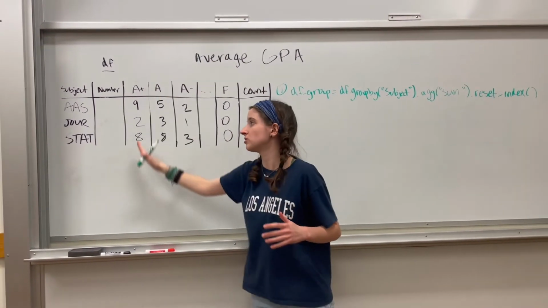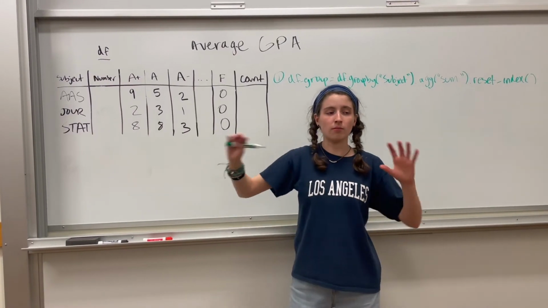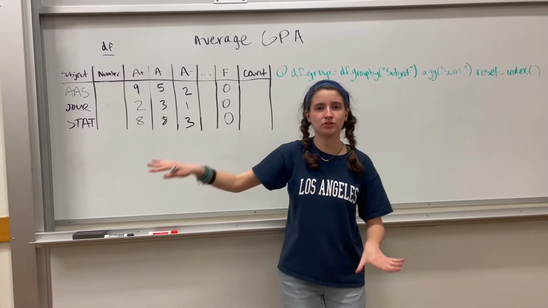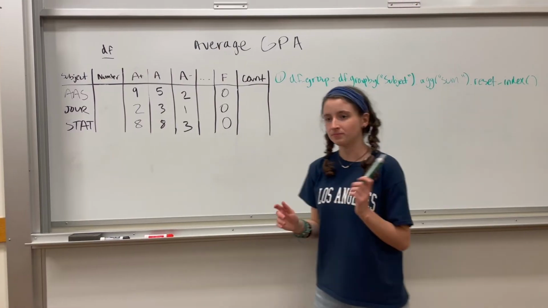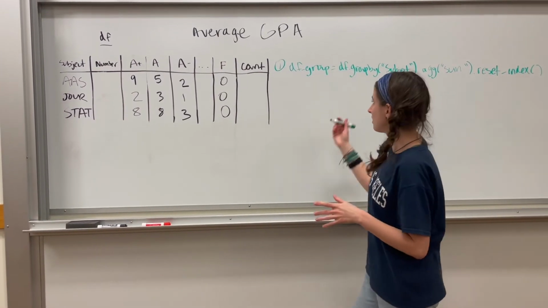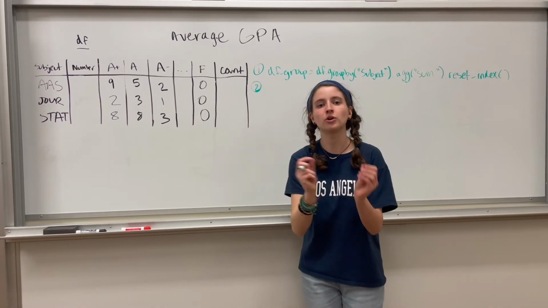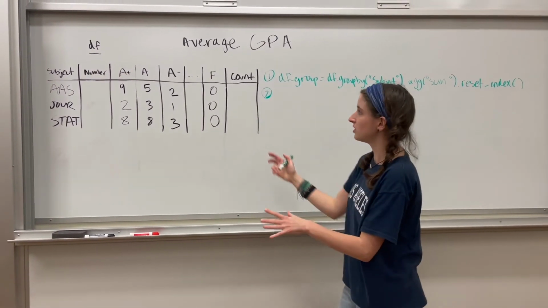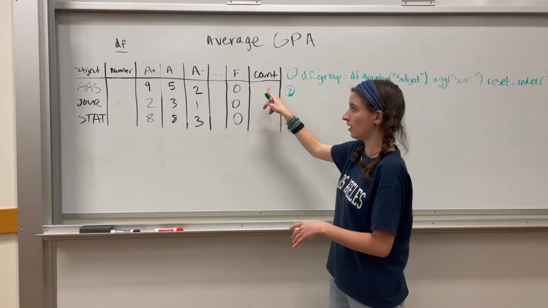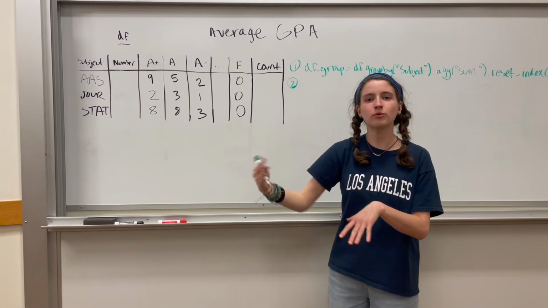We can use the columns to do it for every single row, and just create a new column that stores the information that we want. To put that in code terms, the way I do this problem is I make a new column called total grade points that stores, just like it says, the total grade points for each subject.